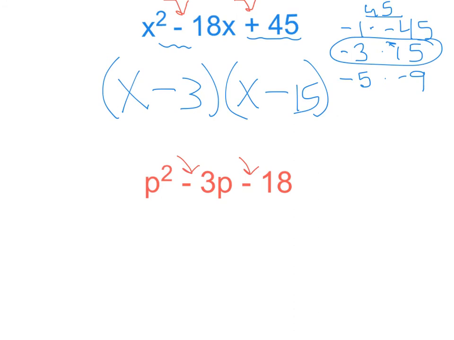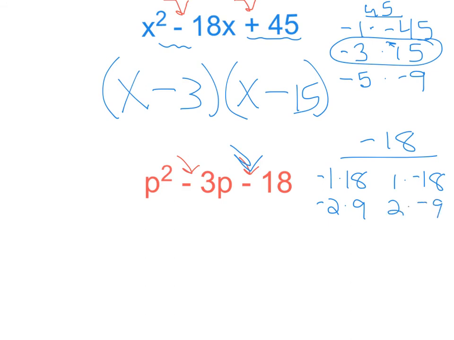Alright, and the last one. If your final term is negative, the only way to get a negative when you're multiplying is if one is positive and one is negative. So, negative 1 times 18, or 1 times negative 18, negative 2 times 9, or 2 times negative 9, negative 3 times 6, or 3 times negative 6. Looking here, which one of these sets adds up to negative 3?